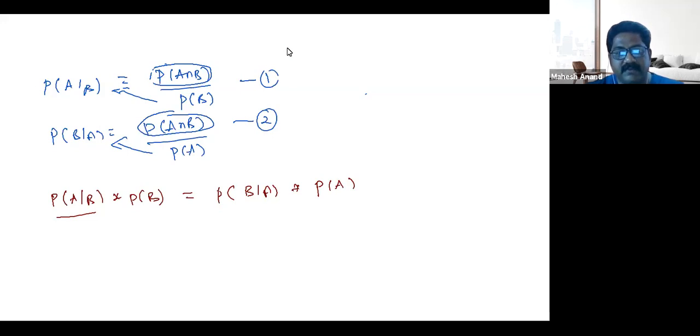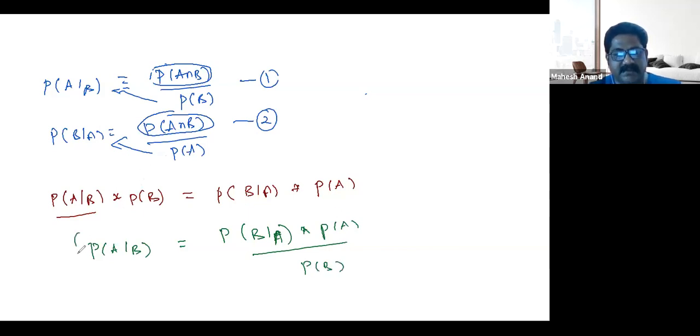Our final expression is P of A given B equals P of B given A times P of A divided by P of B.